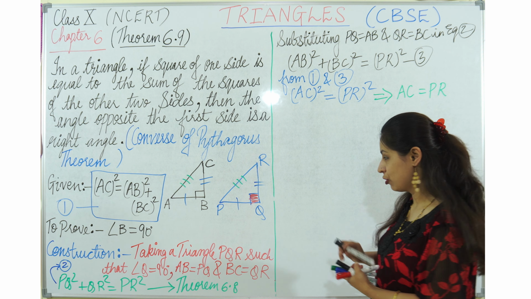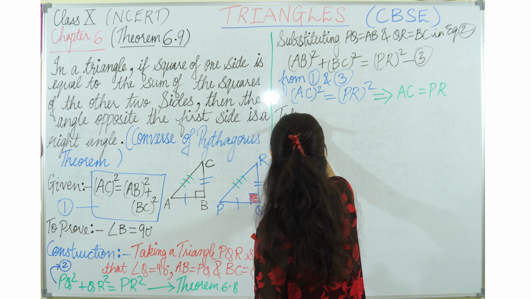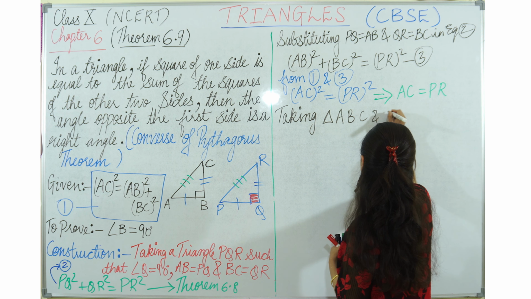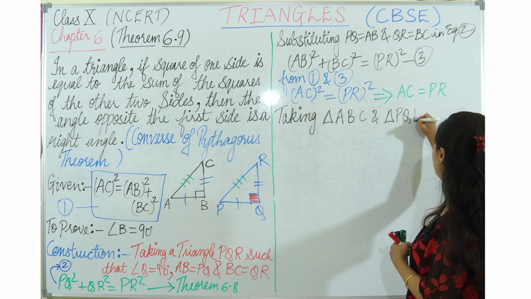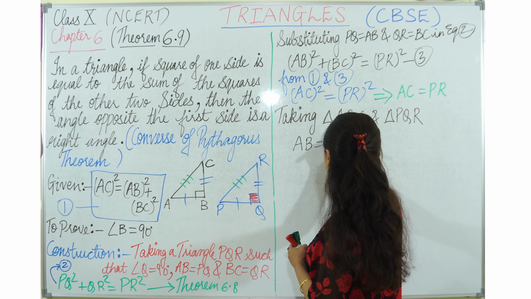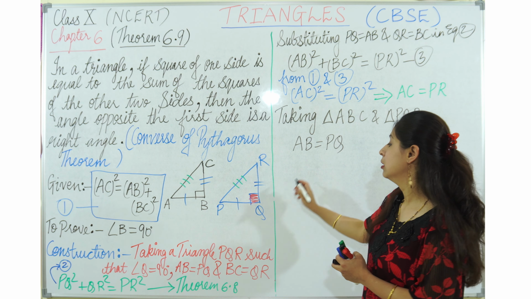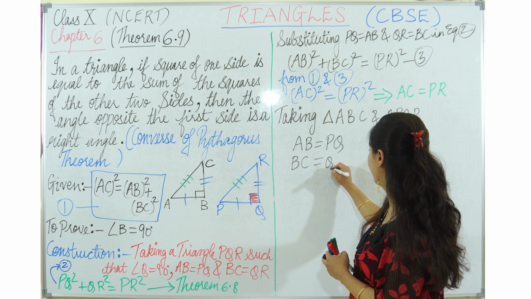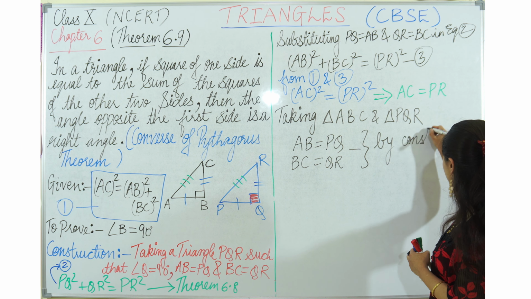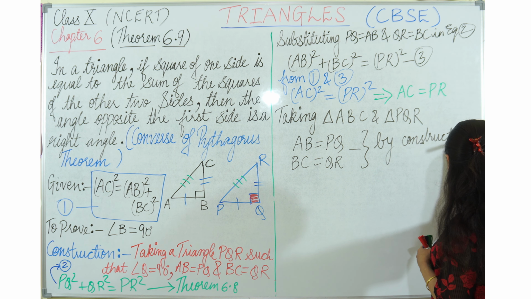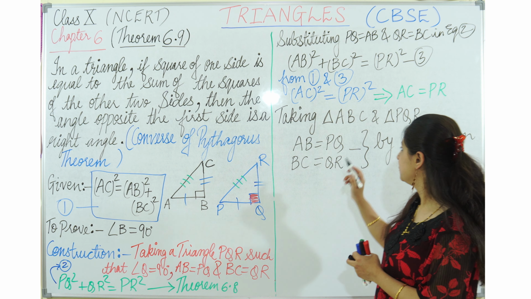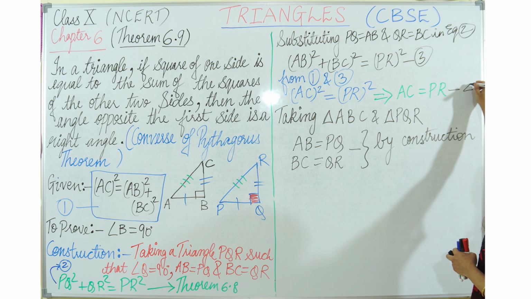Now let us take both the triangles, triangle ABC and triangle PQR. We already know that AB is equal to PQ and BC is equal to QR by construction. The reason is that by construction they are equal. Let us mark it as equation number 4.